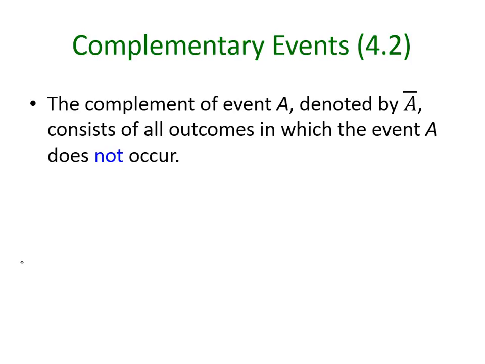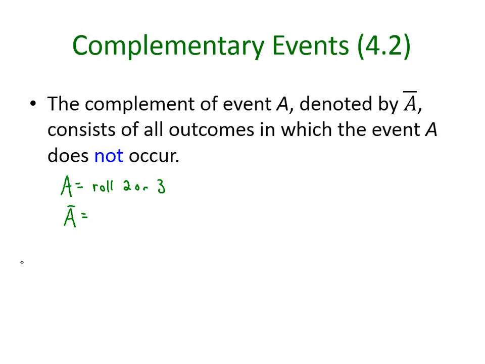Complementary events. The complement of event A, denoted by A bar, consists of all outcomes in which the event A does not occur. So if A is that we roll a 2 or a 3, what is A bar? It means I'm not going to roll a 2 or 3.